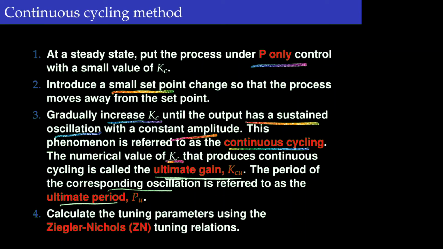The ultimate gain is the proportional gain of the controller for which there is continuous cycling, and the ultimate period is the period of that oscillation. Now when we get these two, we have some tuning rules, the Ziegler-Nichols tuning relations, to get the controller parameters from the ultimate gain and the ultimate period.